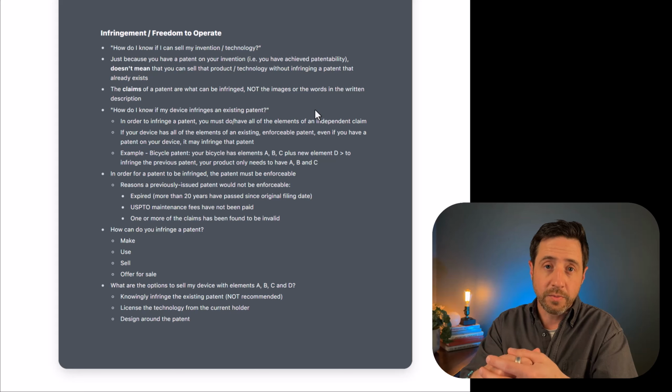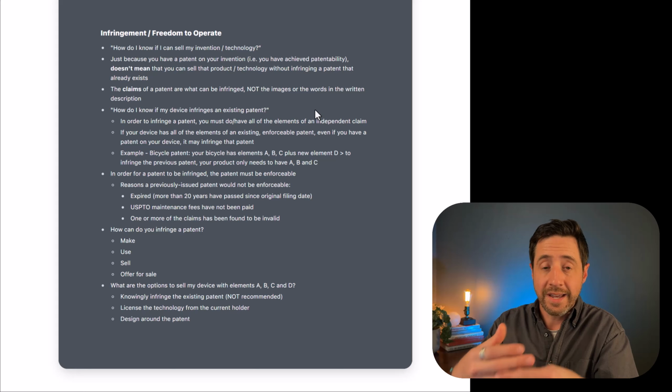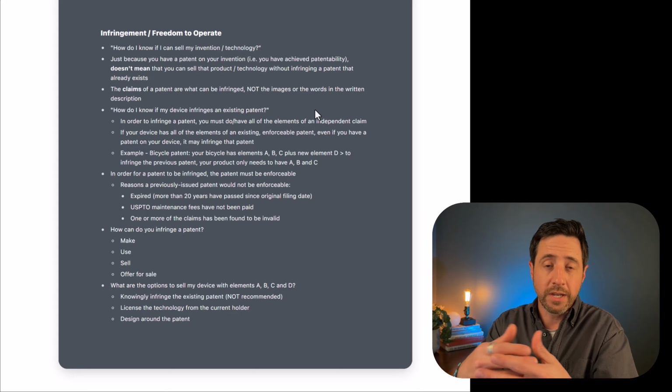So patent infringement can lead to things like cease and desist letters, lawsuits, very expensive types of court proceedings. And if you are intentionally or knowingly infringing a patent, that actually opens you up to increased liability and the potential for even more monetary damages in that event. So knowingly infringing a patent is most definitely not recommended. You should never do that.